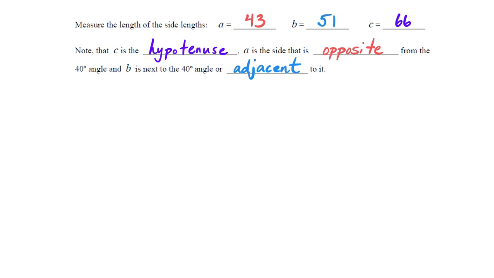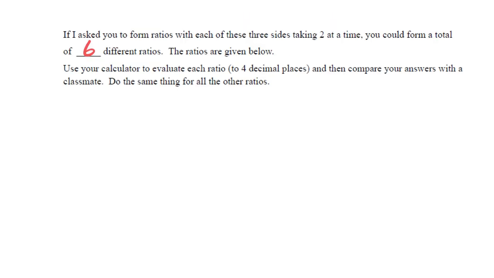Okay, I would like you to do some calculations now. On the back of that page, if I asked you to form ratios, so comparisons with those three sides, taking two at a time, then you could form a total of 6 different ratios. And you'll see those on your page. I've given them below. What I want you to do, use your calculator to evaluate each one of those ratios.